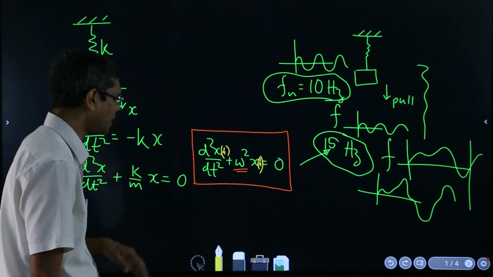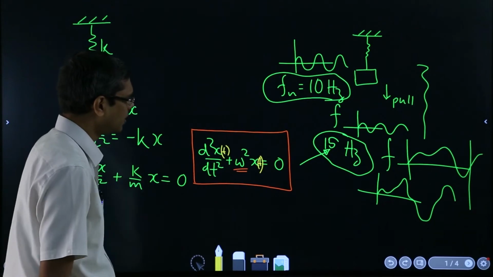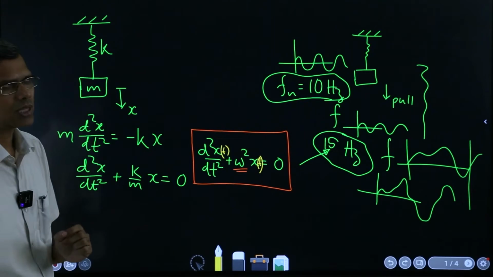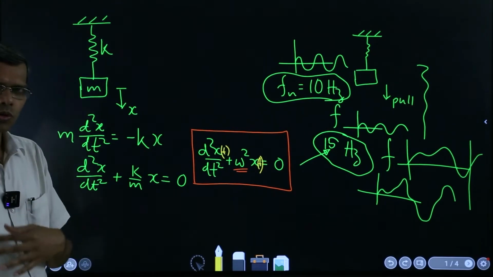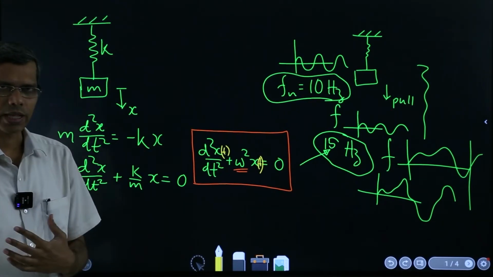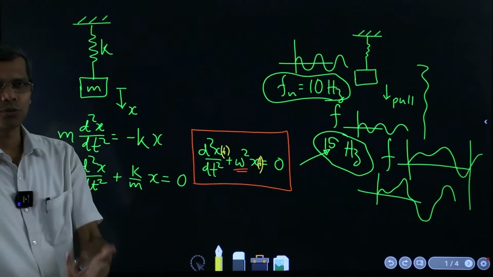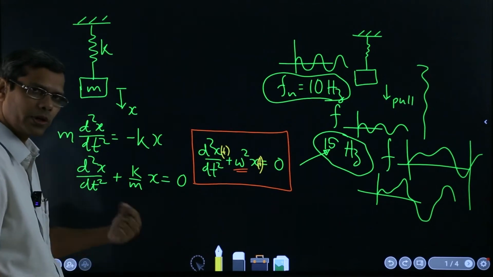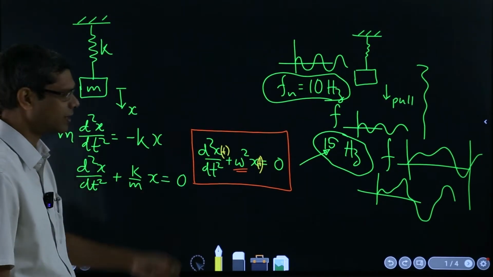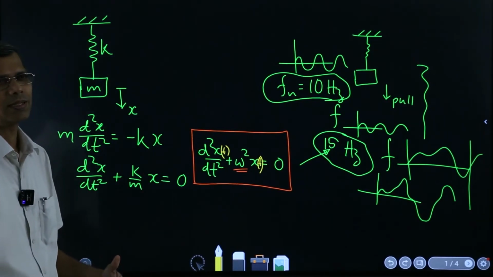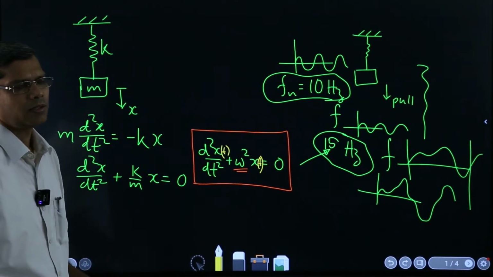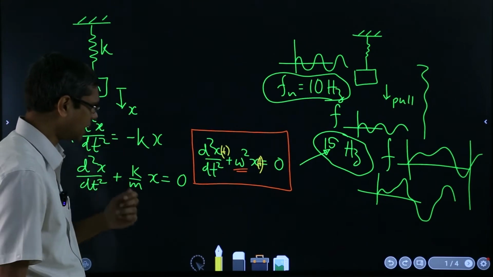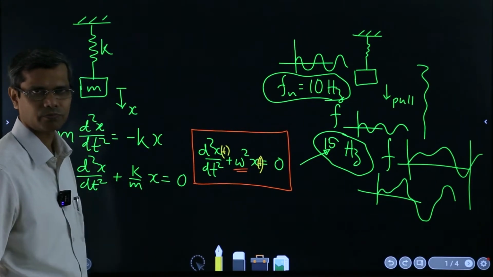Obviously, you will tell me that you will assume sinusoidal functions, but we will not do that. We will do something even more basic. We will not assume that you know sines and cosines, and we will talk about an even more fundamental way of solving a differential equation, which in fact is the best way to start thinking about any differential equation, and that is by guessing.